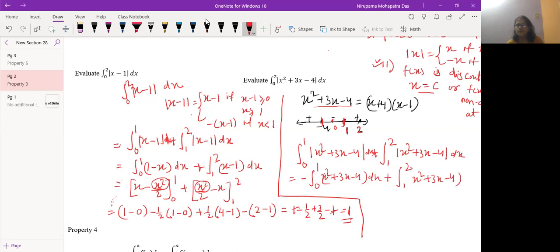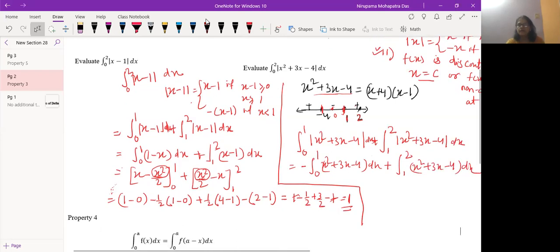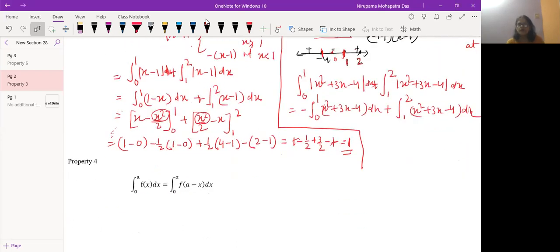After removal of the mod sign, you can find the integral.